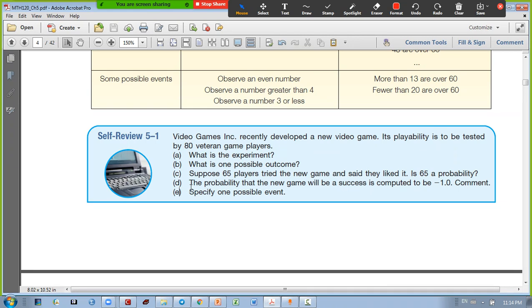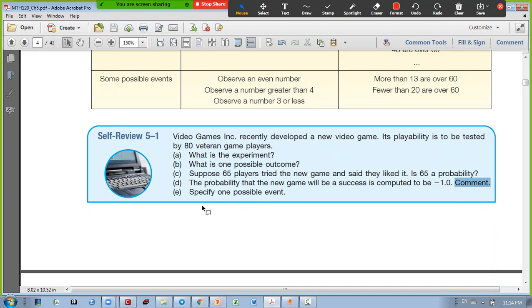D, the probability that the new game will be a success is computed to be minus 1.0. Comment: it means the probability of the new game being a success is minus 1.0. Is it true? Why? Or is it not true? Why not?